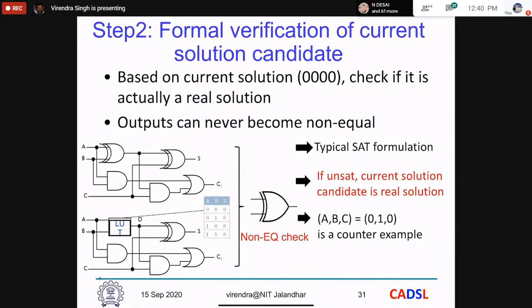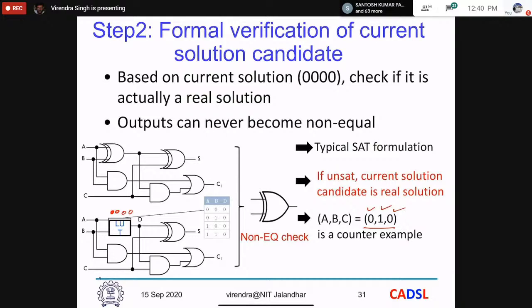Counter example means, can I find a set of inputs wherein both of these circuits are giving me different outputs? So I fixed this LUT value 0000, and for that value I found another counter example, that if A is 0, B is 1, and C is 0, then also they are giving me the wrong output.